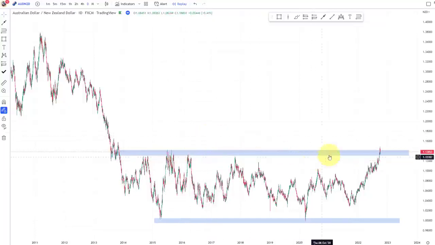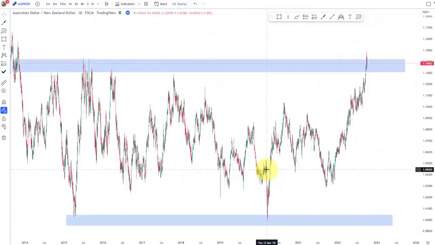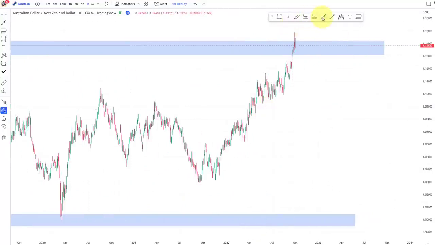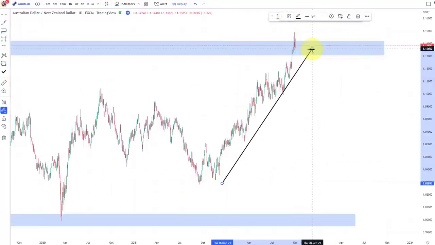You can be sure that a lot of traders are aware of this area here, because it's just a historically important level that the market has used in the past. And when you see the market is coming back into it, you can be sure a lot of traders are using this level.